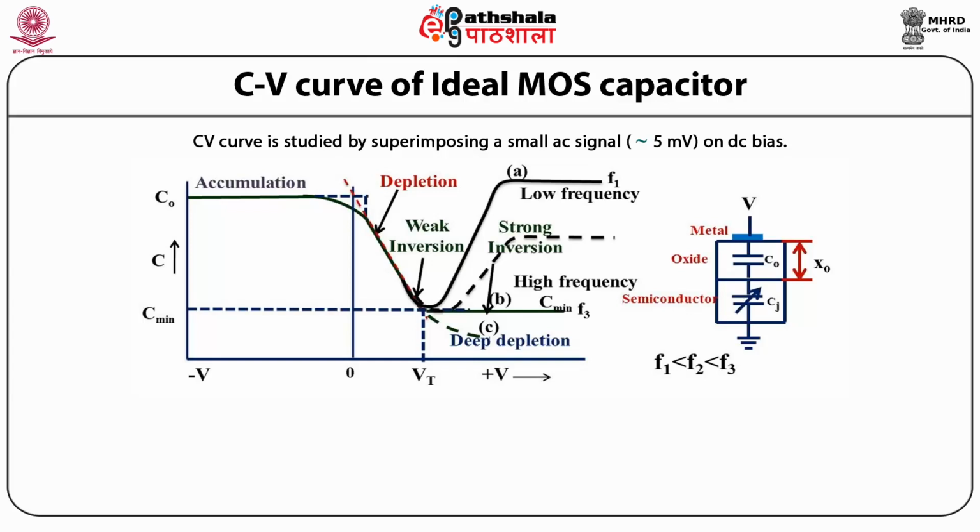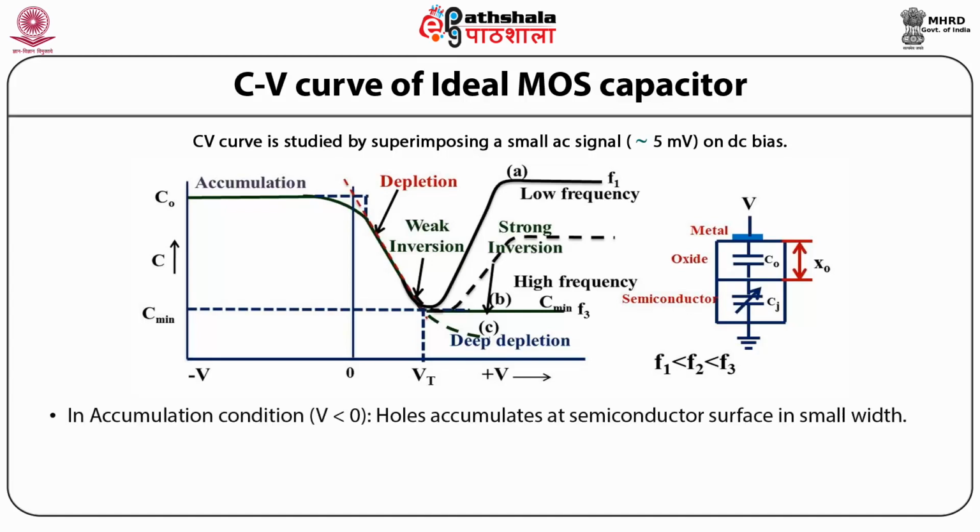On the right hand side, we can consider the whole MOS device as a series combination of the oxide capacitance C0 and the semiconductor capacitance Cj, which is variable. It is evident from this figure that the thickness of the oxide layer is chi0.